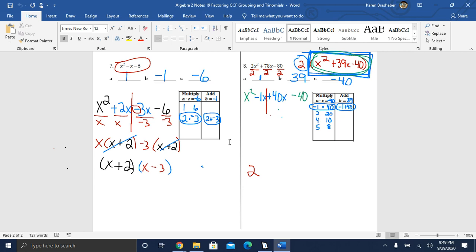We're going to look at what can we divide by. Well, we have an x squared and a minus 1x, so we can divide by x. So we'll divide by x, start a parentheses, and that's going to divide x squared divided by x is x, minus, and then 1x divided by x is a minus 1.